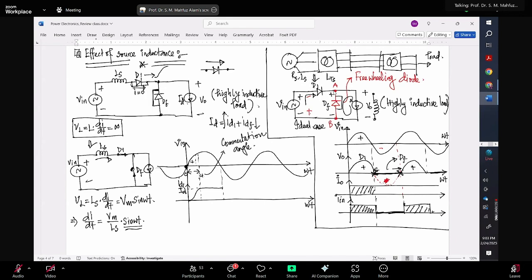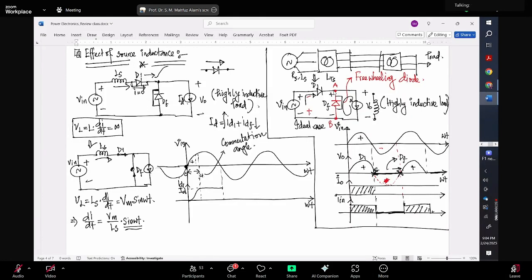The current going through the diode will change like a sine wave, and then after a certain point it will take all the output current through diode D1. Do you understand what I am trying to say here?